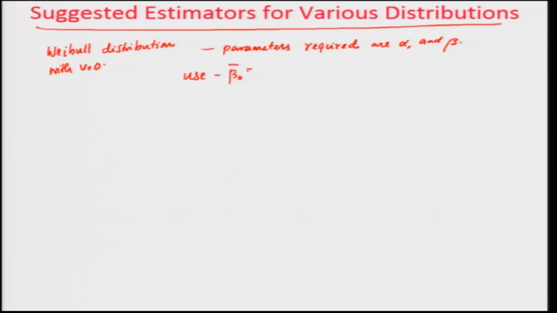beta 0 bar is equal to x bar divided by s. Okay. So, first you calculate beta 0, then beta j bar is calculated as beta j minus 1 bar minus f of beta j minus 1 bar divided by f dash, the differential f dash of beta j minus 1 bar.